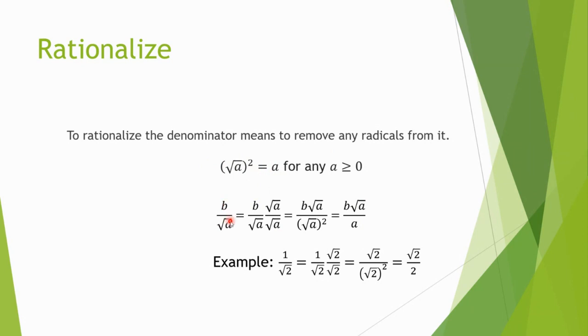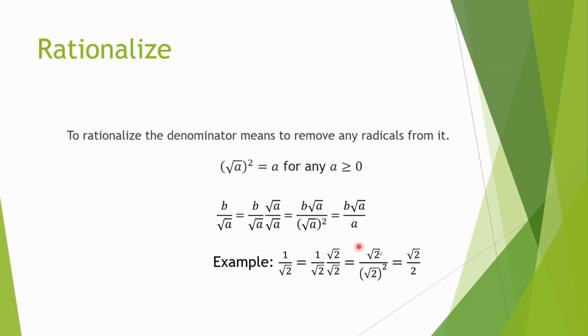If you have b over radical a, here I'm assuming a is positive, you just multiply top and bottom by radical a. Doing so, you get this. Now, using the top property, you get this. So basically, to rationalize the denominator, you multiply top and bottom by the square root of the denominator. And using this property, you get what you want.